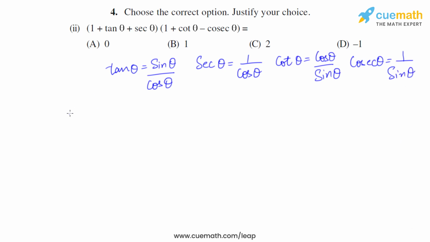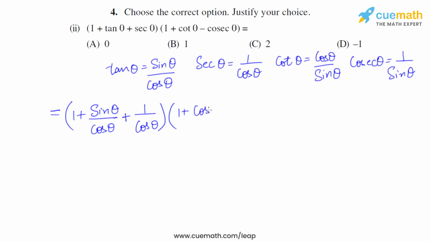Now let's substitute all the values in the expression. So it will be 1 plus, instead of tan theta we write sine theta by cos theta, instead of secant theta we write 1 by cos theta, into 1 plus, instead of cot theta we write cos theta by sine theta, minus, and instead of cosecant theta we write 1 by sine theta.